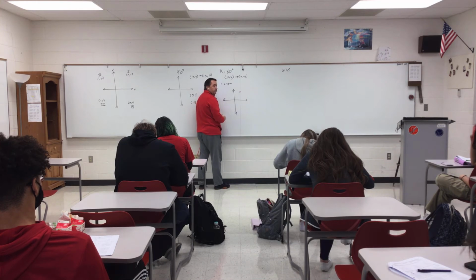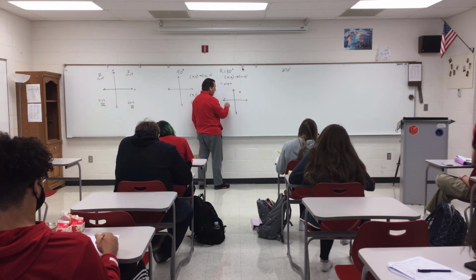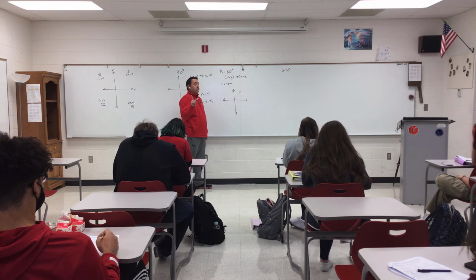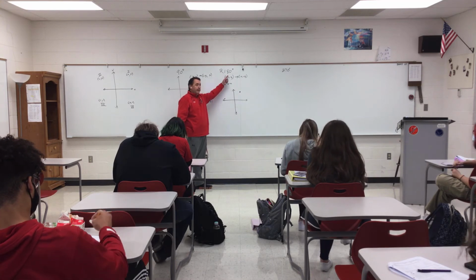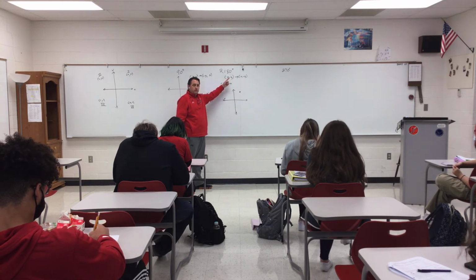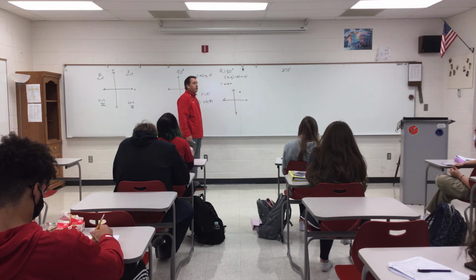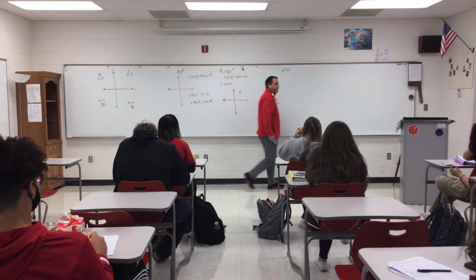If I'm right there and I reflect over the origin, I'm down there, aren't I? Or if I go 180 degrees, I end up in the same spot. So the good news about today is reflecting over the origin and rotating 180 are the same, so there's not another rule in there. Does that make sense? The only ones that are going to be different are the 90 and the 270.